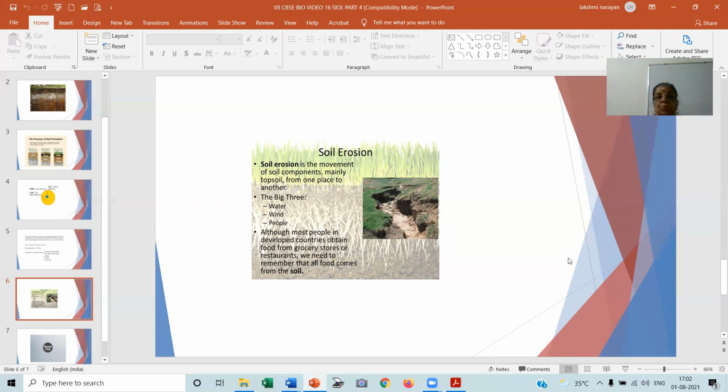Now air, water, wind and people are responsible for soil erosion. Look at the figure: in that field, the water runs cutting through the ground, splitting the soil. That is soil erosion. A gully forms, right?